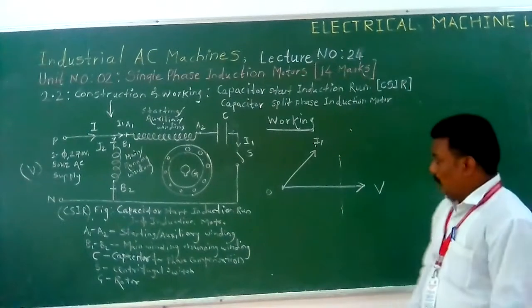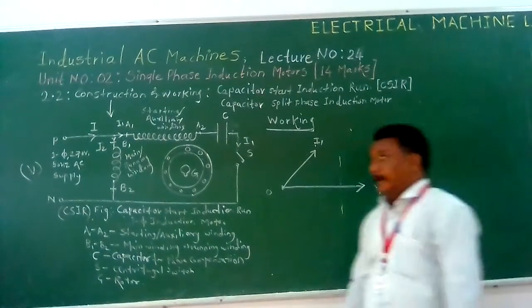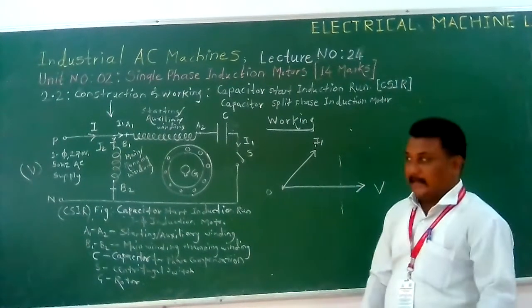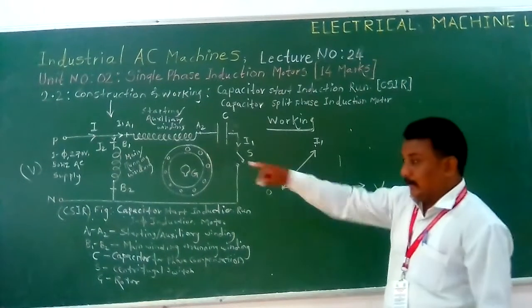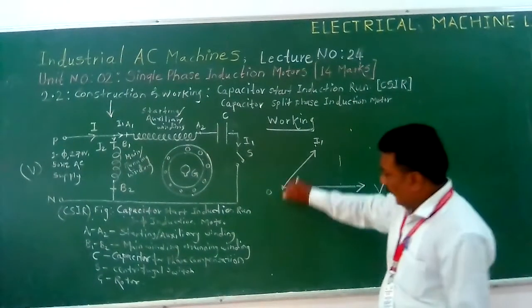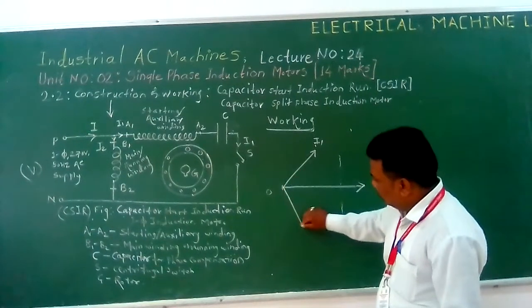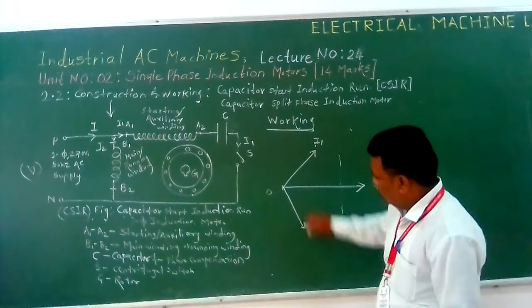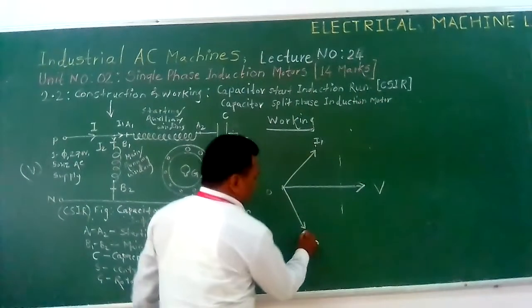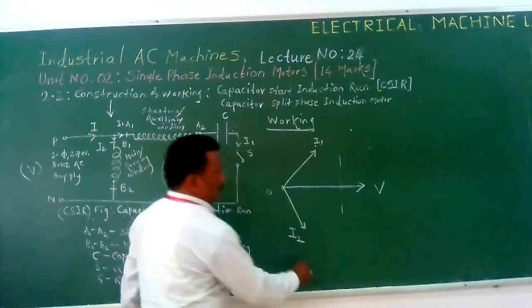Now what happened? We know that after 80% rated speed, the induction motor runs on the main winding, the running winding. It is the main winding current, and it is I2.